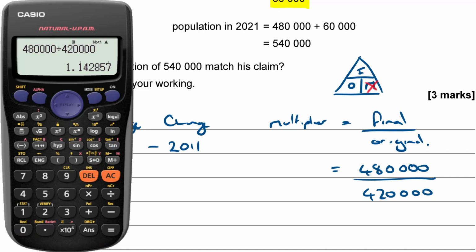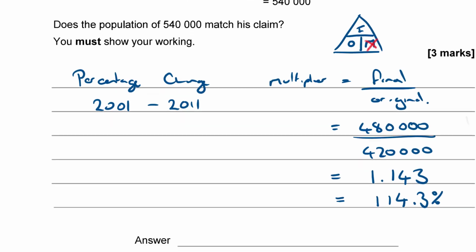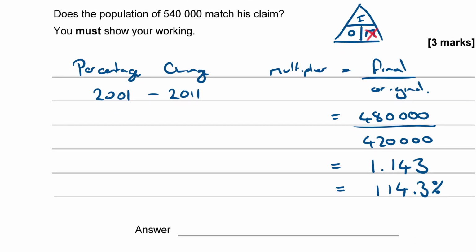That's 1.1428. I'm just going to round that off to 1.143. Okay, so that is as a multiplier. As a percentage, that is 114.3%. So that means the percentage increase is 14.3%.